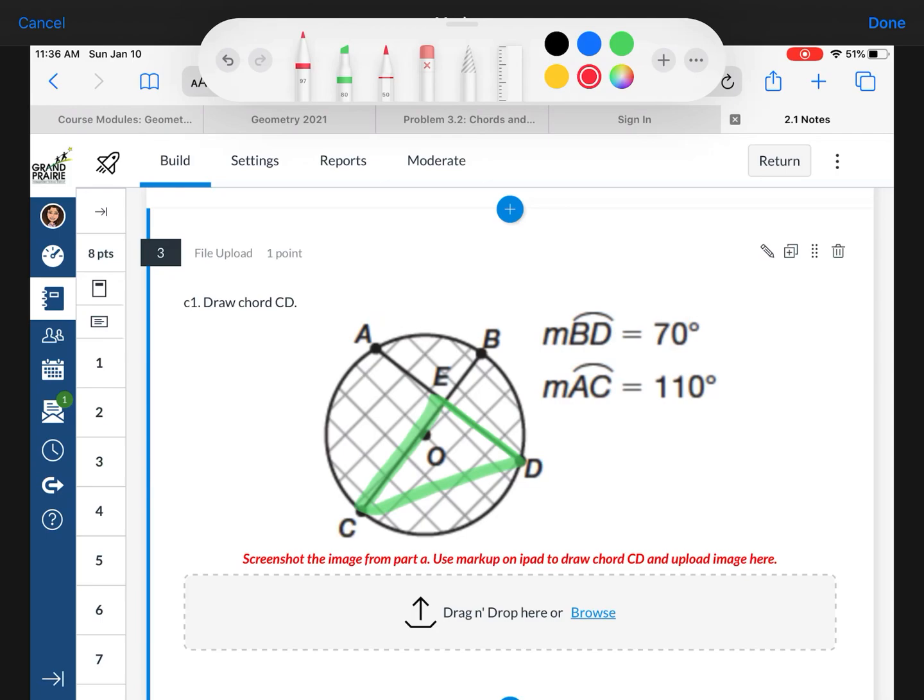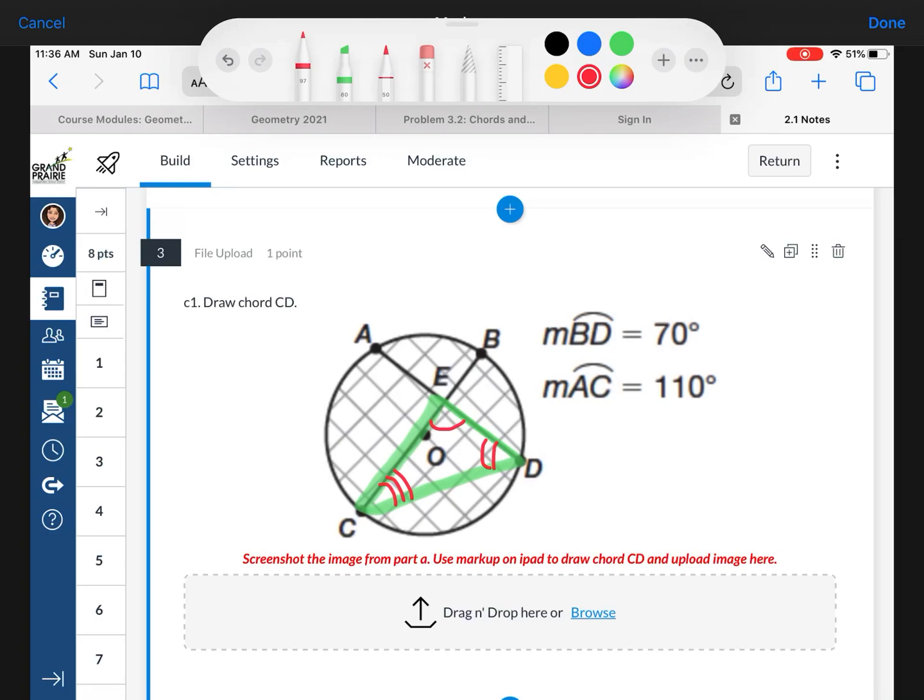They want to know the relationship between CED, that's this one, the measure of EDC, that's this one, and the measure of ECD, this one right here. So just ignore that typo. Instead of BED, it's CED.